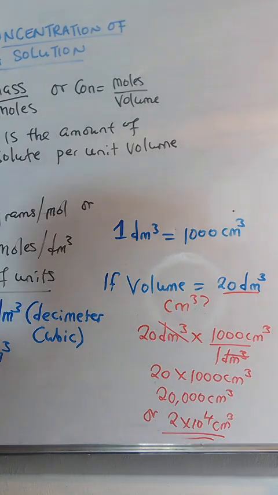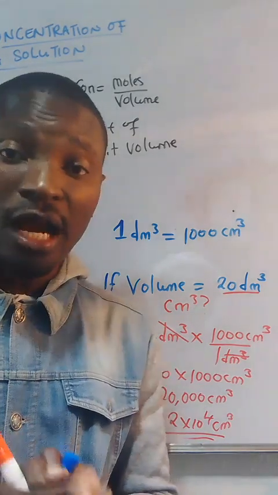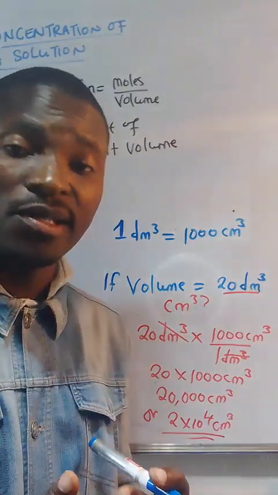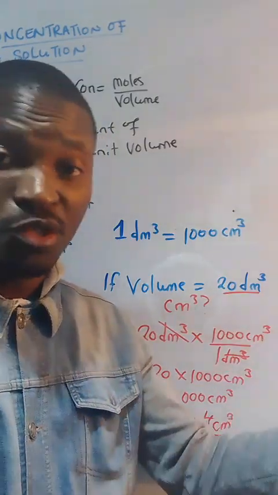This is how simply you can convert these units from decimeter cubed to cubic centimeters.